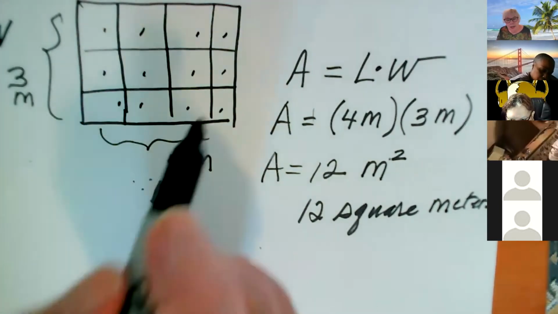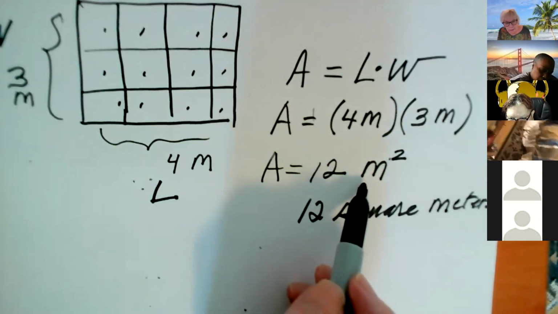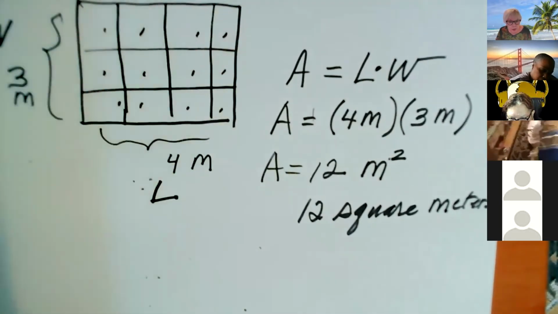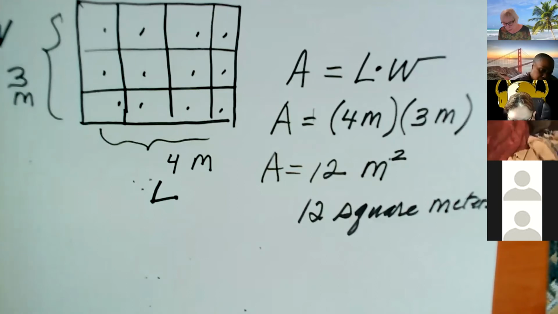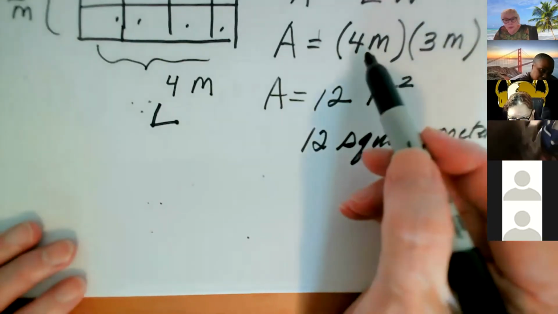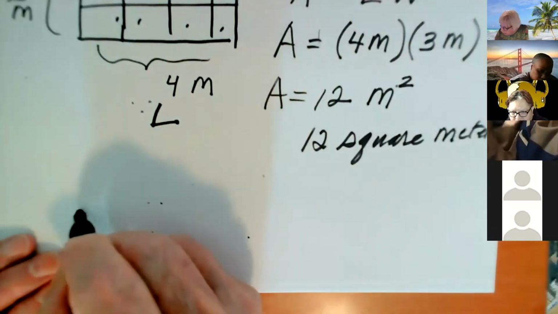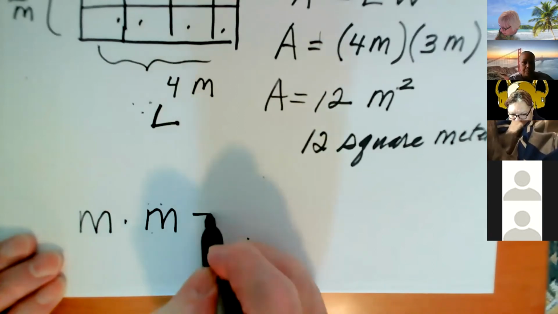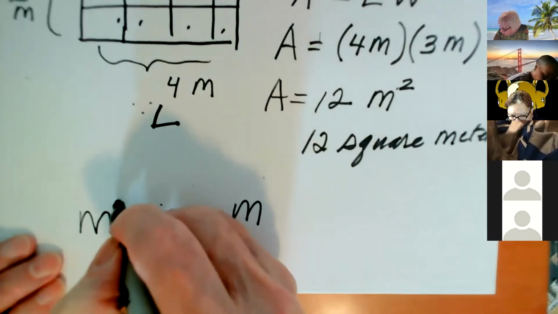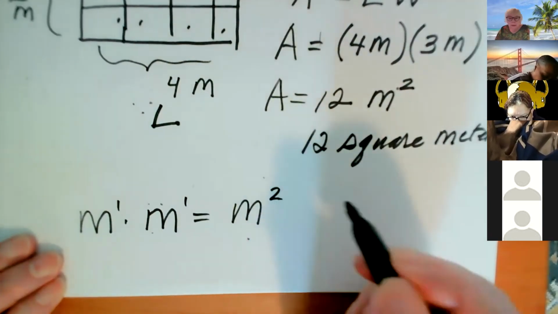Okay, and everything that's area is square. It's trying to get how many squares do you need? You don't put the square on 12, right? Because you multiply them. Yes, literally what I did. You can see how I got the 12, but meter times meter. This is 1 meter, this is 1.